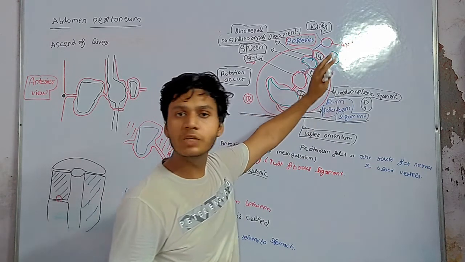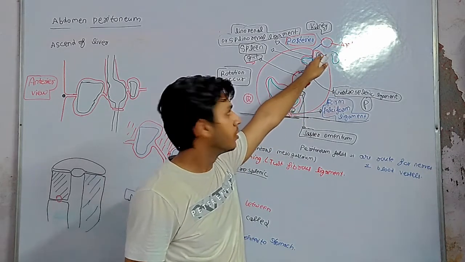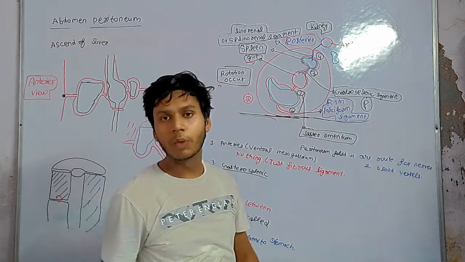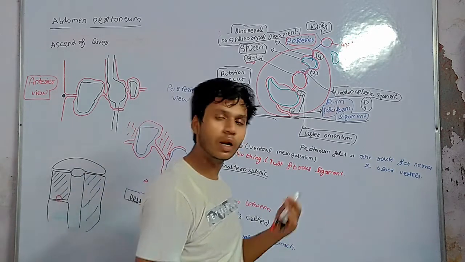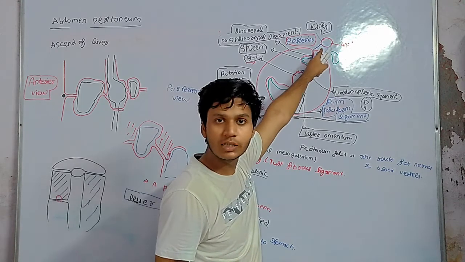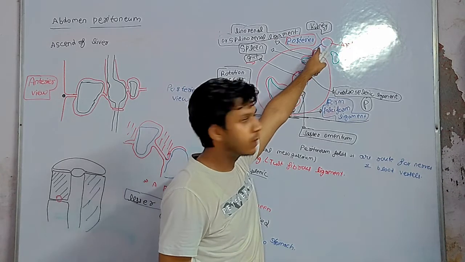Because the splenic artery has no root of its own, it has to come from the aorta through this ligament, the splenorenal ligament. Remember, these posterior peritoneal folds are all routes for the nerves and vessels. So how do these vessels come? The aorta, celiac trunk gives a branch called the splenic artery.